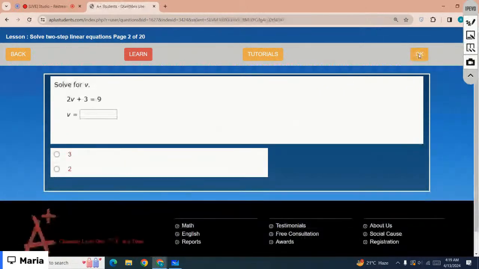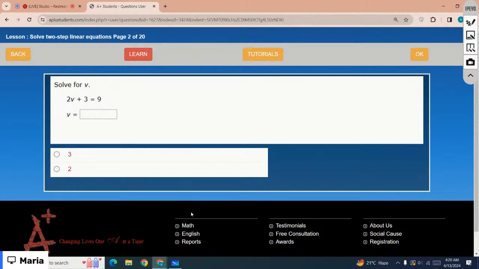Okay, solve for V, which is the correct option. The correct option is, yes, 3.